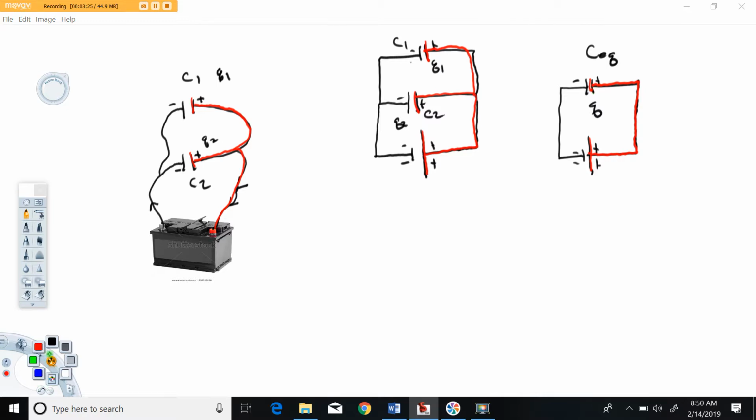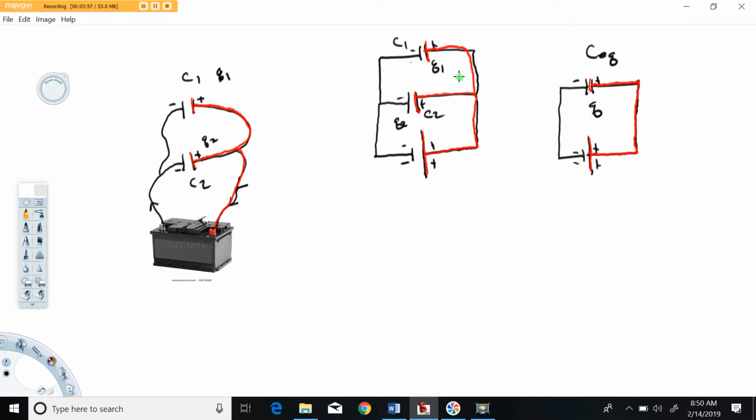All right, so for series capacitors, the idea of equivalent capacitance comes from the sum of the voltages. The voltages across the capacitors add to the voltage across the battery. But for the parallel combination, that's not true. The voltages are the same. The equivalent capacitance comes from the idea of the charges. As we look at this picture, we've got a Q1 here, a Q2 here, and I just call it Q for the charge on this capacitor.